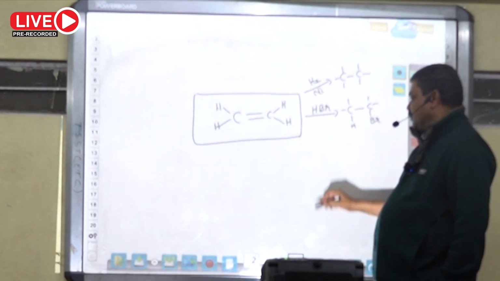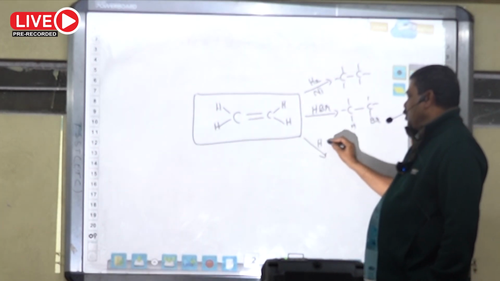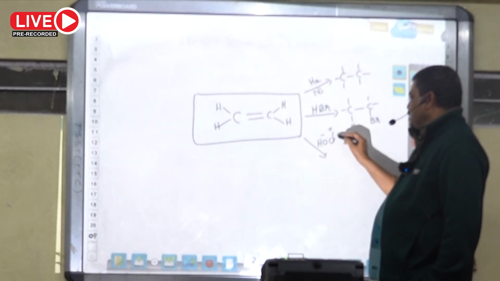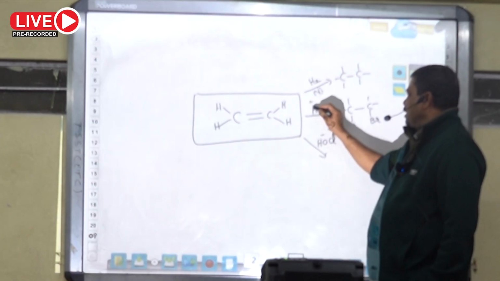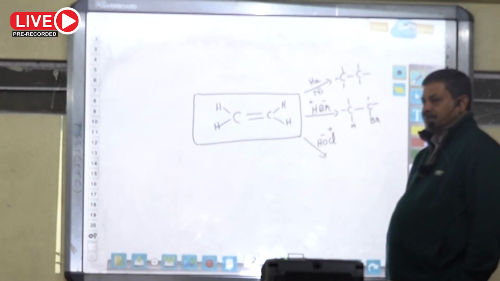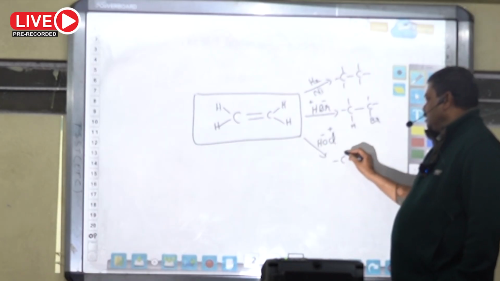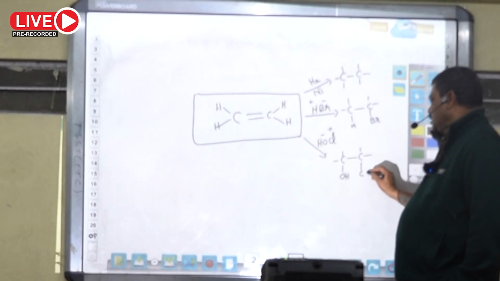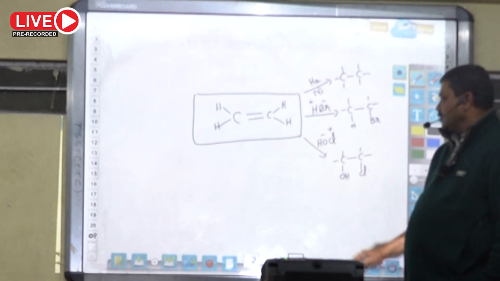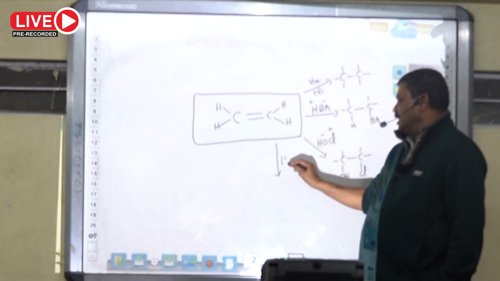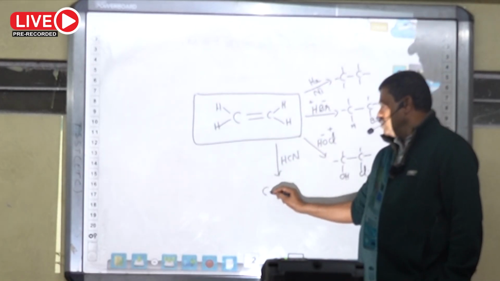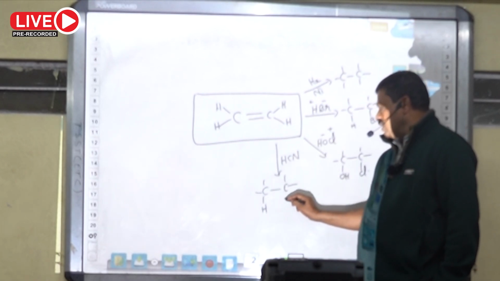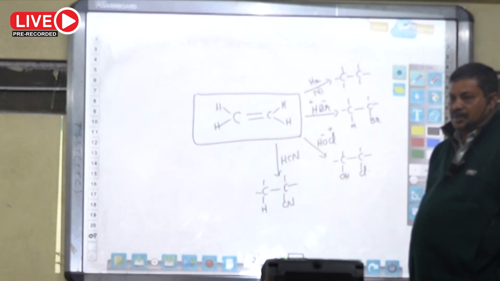Like this, additions occur. If you treat with hypochlorous acid, the pi bond will break, OH is added to one carbon, Cl is added to another carbon. If you add HCN, same principle: remove the pi bond, add H to one carbon, CN to another carbon.